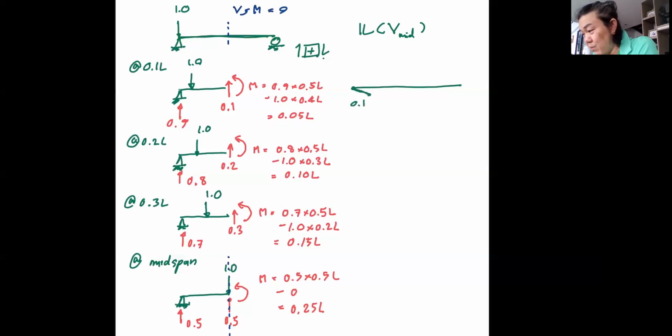Okay? And when we move to this, when you place this load at this location 0.2 out from the support, we have the shear in the middle equal to 0.2, but again, it goes up. So this is the negative shear according to the sign convention.